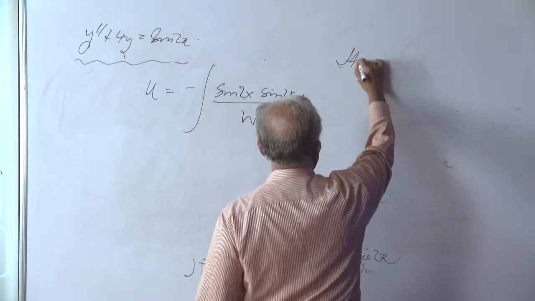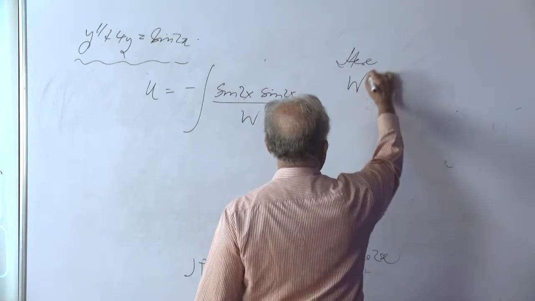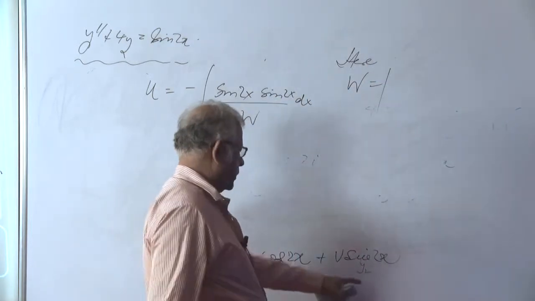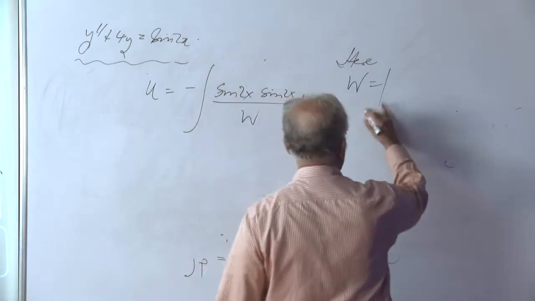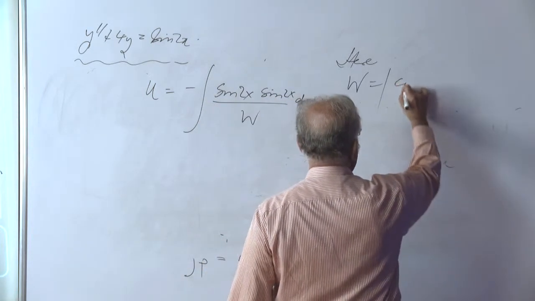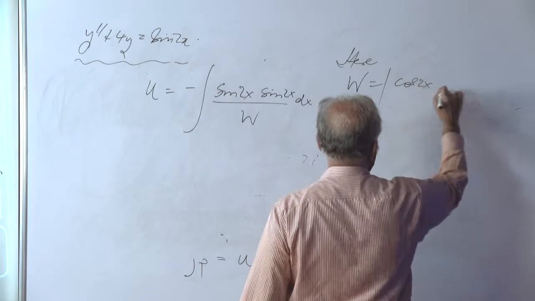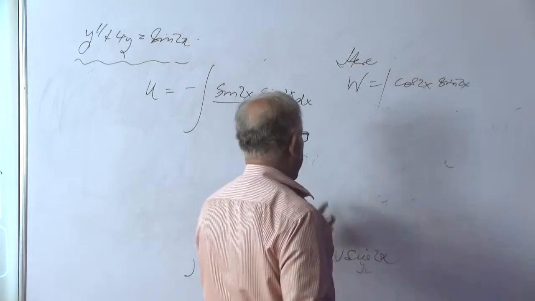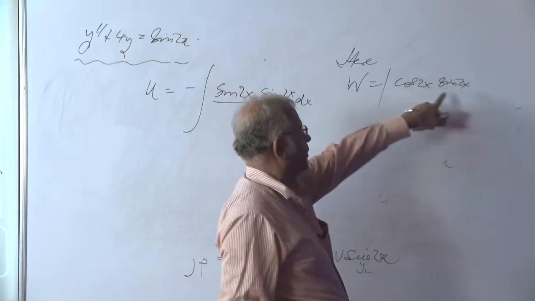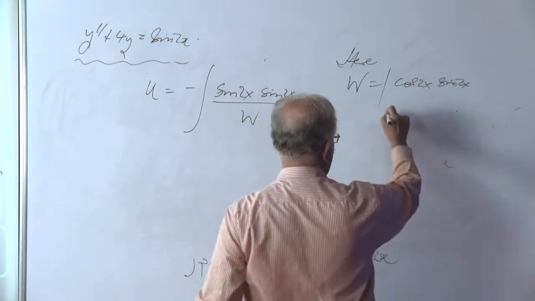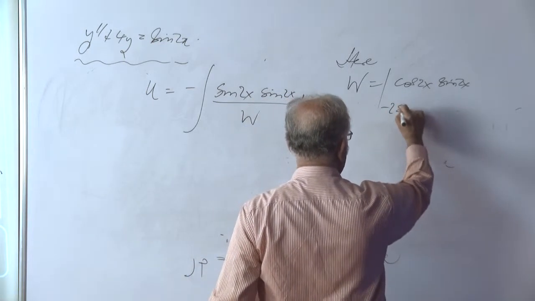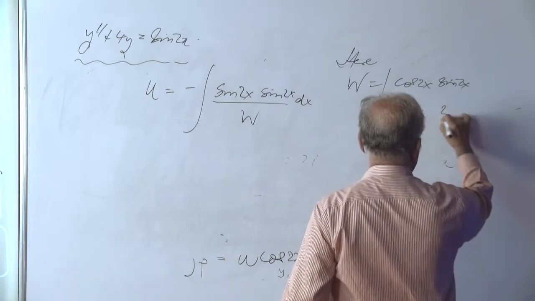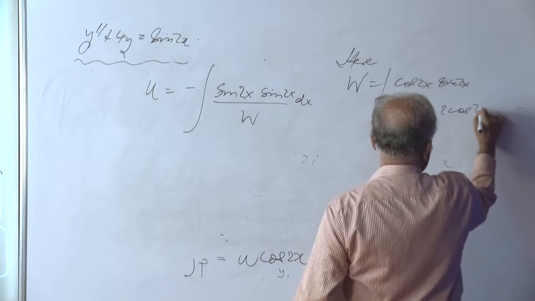Here the Wronskian W is the determinant with rows cos 2x, sin 2x, and their derivatives, minus 2 sin 2x and 2 cos 2x.